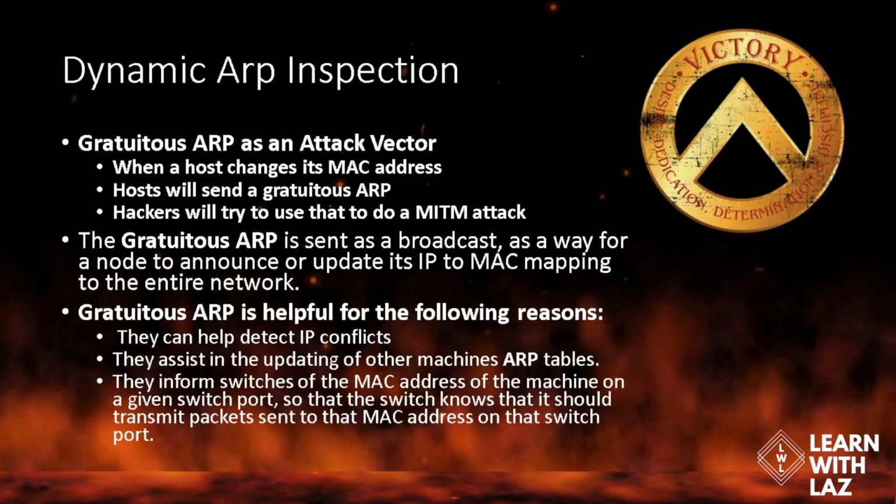Let's read it. They inform switches of the MAC address of the machine on any given switch port so that the switch knows that it should transmit packets sent to that MAC address on that switch port. We talked about this already in switching.